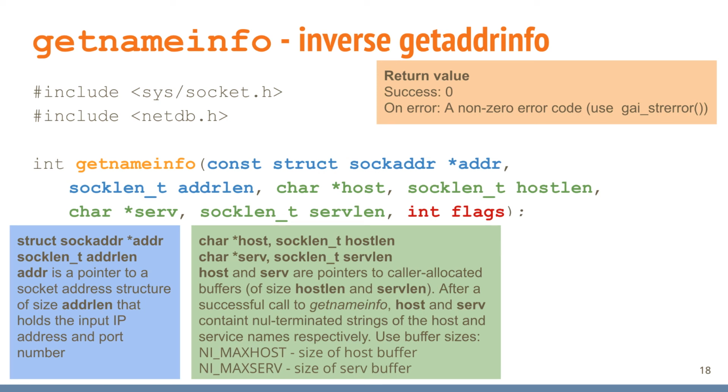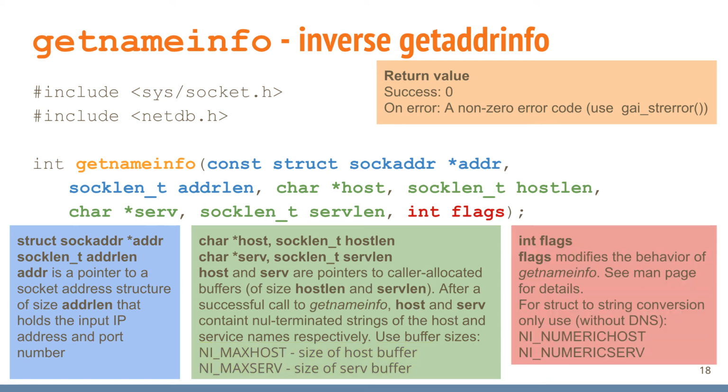In order to be on the safe side regarding the length of that array, NI_MAXHOST is a defined size capable of holding any domain name. If the caller is also interested in the service name, another pointer and length pair can be supplied as the next parameters. The maximum size for a service name is specified as NI_MAXSERV.